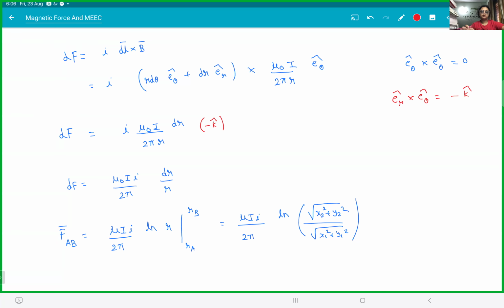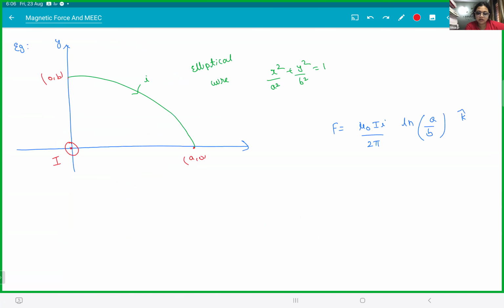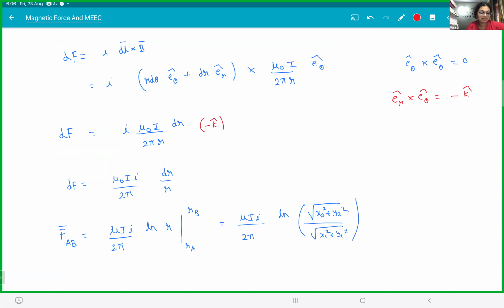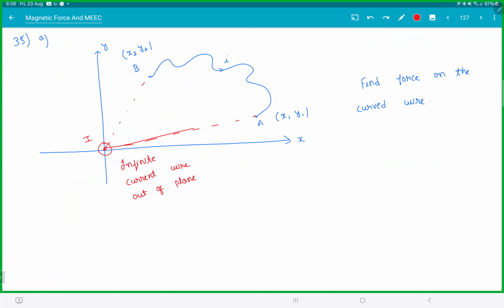So previous method, what would the limits of theta be? Before this, we are doing dl equal to r d theta sec theta, right? So the limits of theta will be this angle, tan inverse y by x to tan inverse b by a.